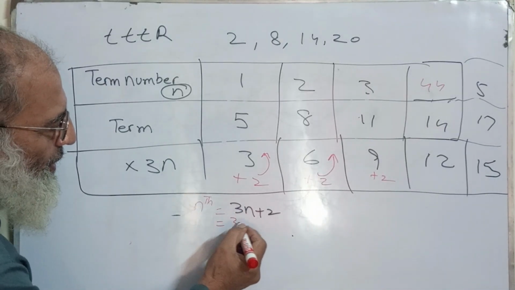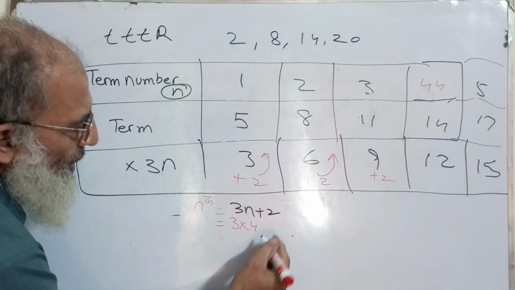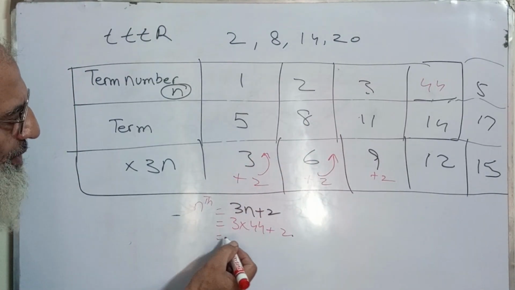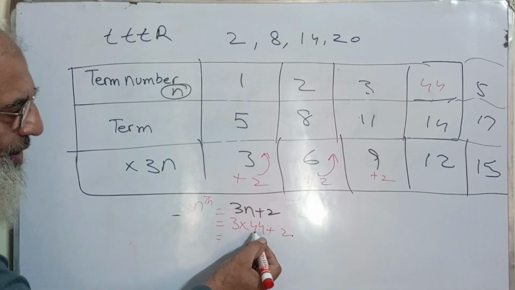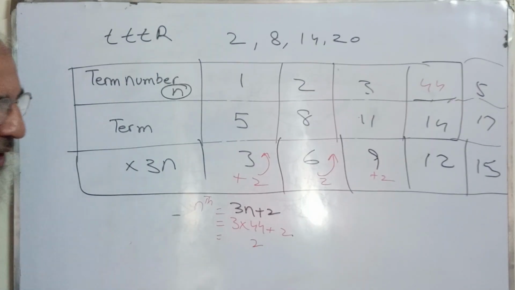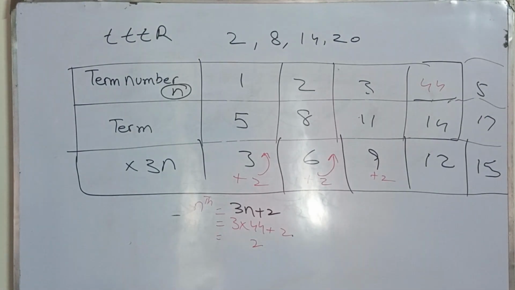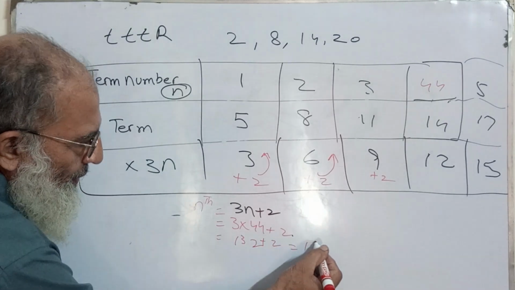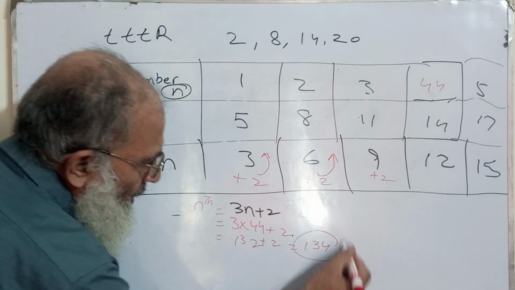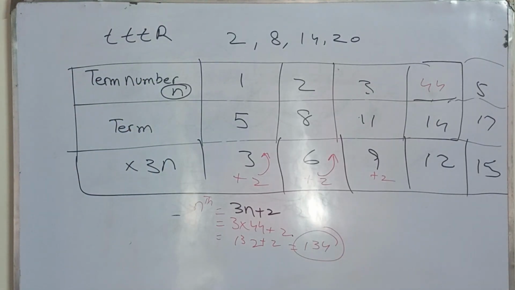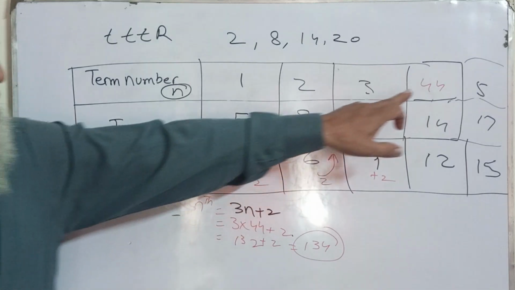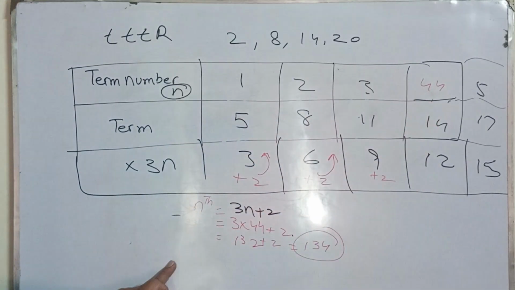So what is our 44th term? That is 3 multiplied by 44 is 132, plus 2 is equal to 134. So this is your nth term, which was supposed to be the 44th term.